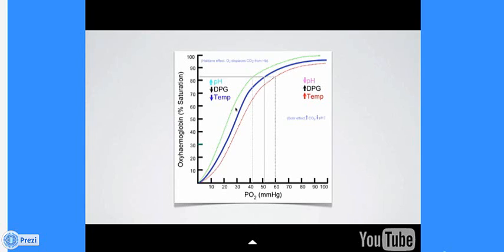So this is the oxygen dissociation curve, showing once again, as you pick up oxygen, it makes it easier for oxygen to be picked up. So here it starts slow and it goes faster and faster. And as you release oxygen, it makes it easier for oxygen to leave, and then that goes down faster and faster. This is called the oxygen dissociation curve.